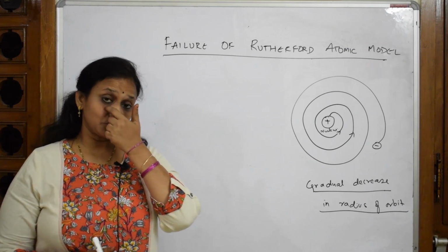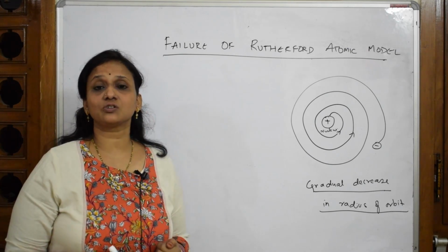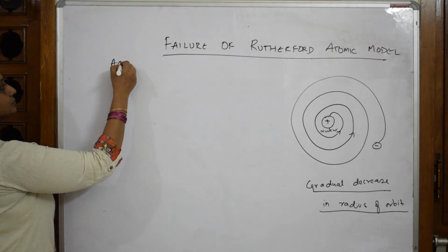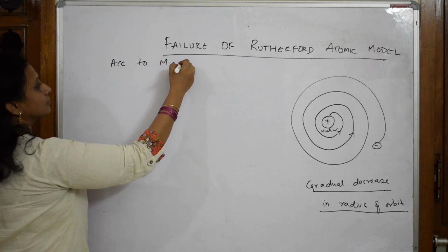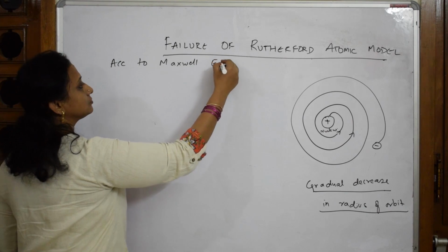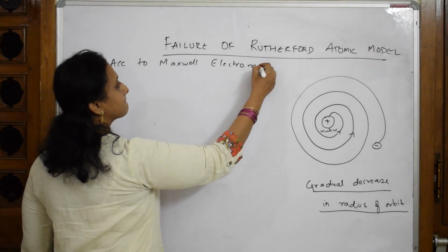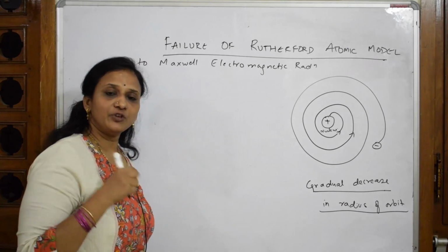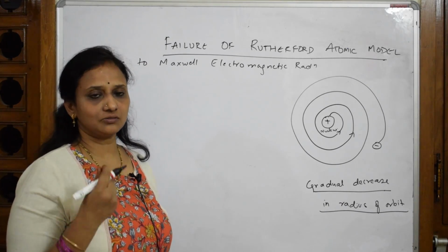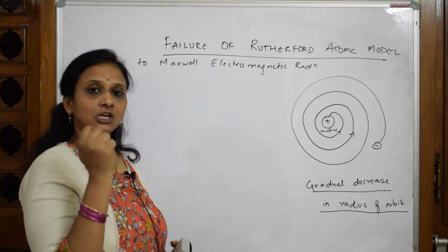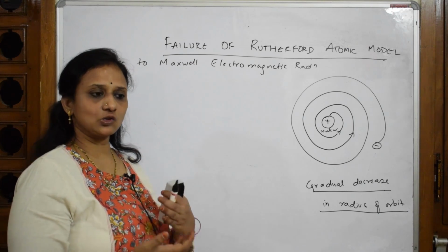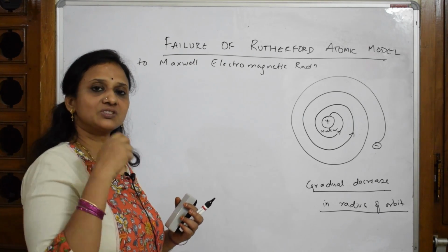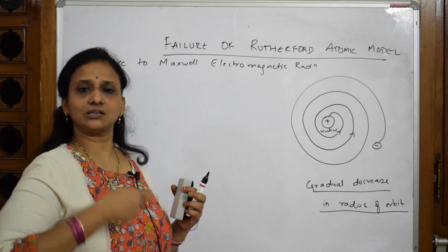Whenever we speak about electromagnetic radiations, that's Maxwell's concept. Let us write. Now what is the concept? Say you're standing in the center of the ground, holding a long thread with a small stone tied to the end. You start moving it continuously round and round.